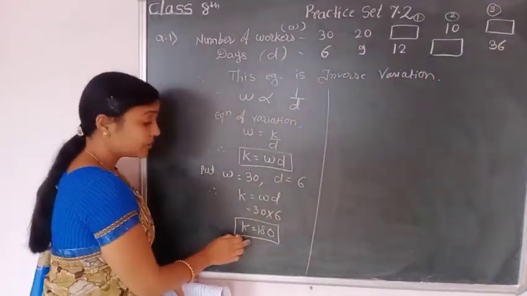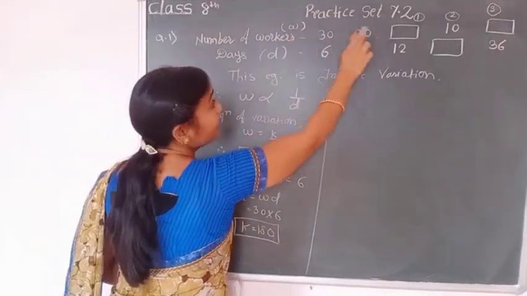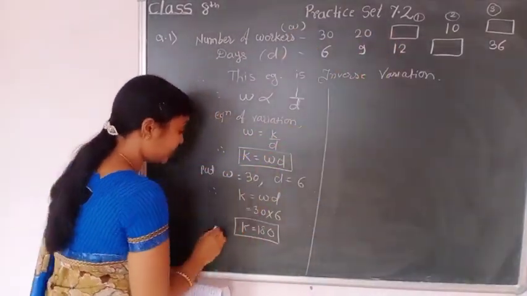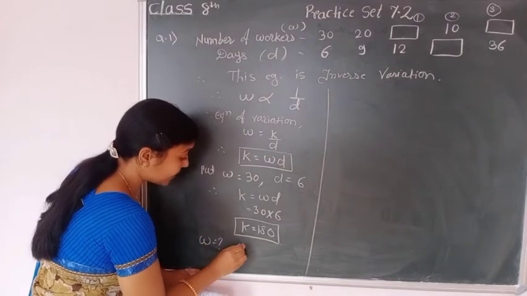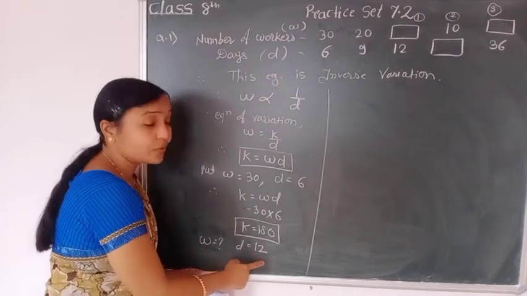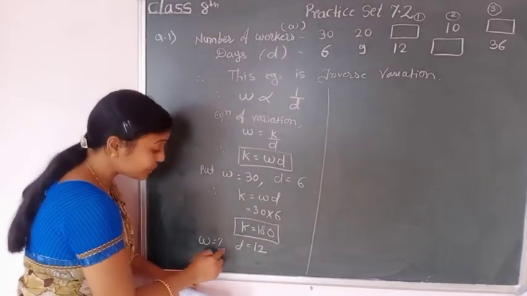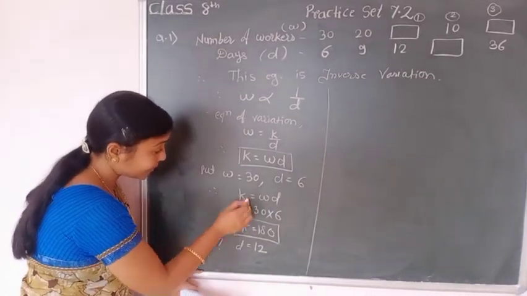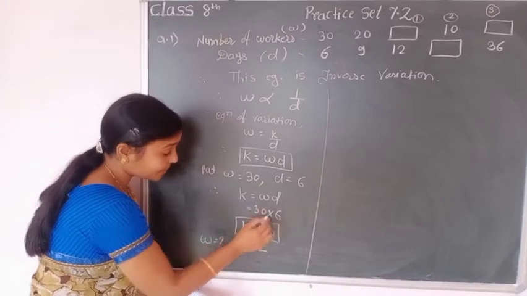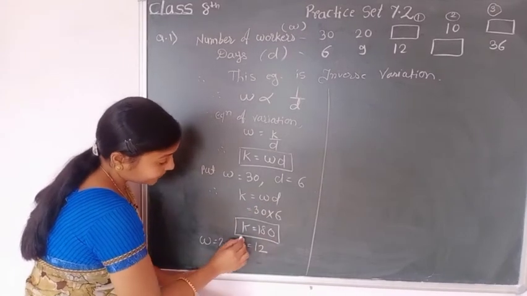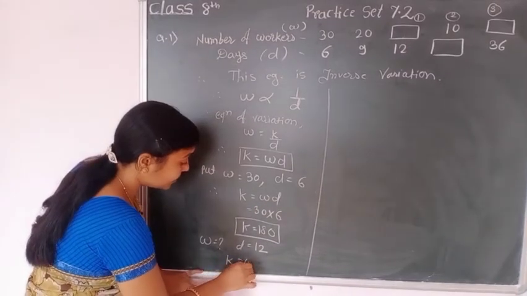Now we see the first example; second, and this is the fill in the blanks, third. In that we know k, so we find W if D is equal to 12. W is equal to question mark and D is equal to 12. The number of days we know, but we have to find the number of workers. So our equation of variation is k is equal to WD, and we know k.